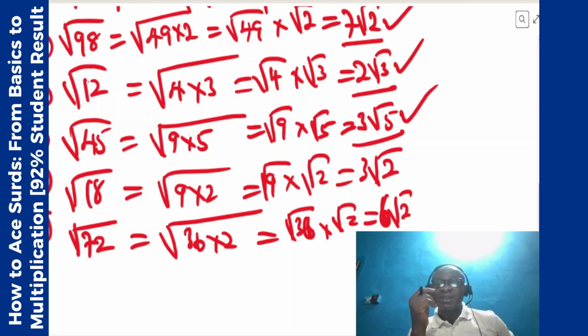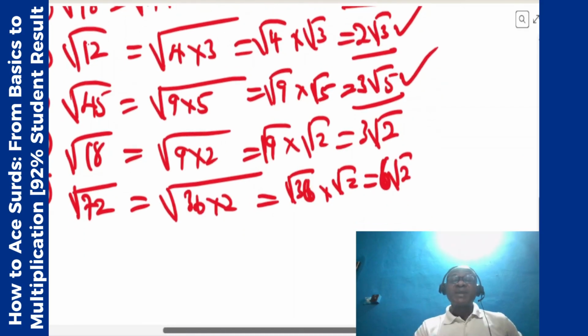Now, what does it mean? When I say the irrational part cannot be simplified, for example, you cannot simplify the square root of 3, you cannot simplify the square root of 5, you cannot simplify the square root of 2. Do you understand it now? So those are what we call the basic form.